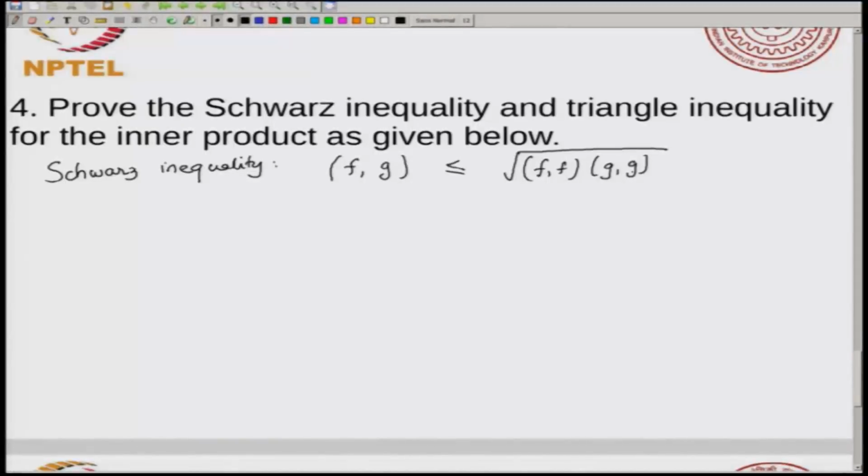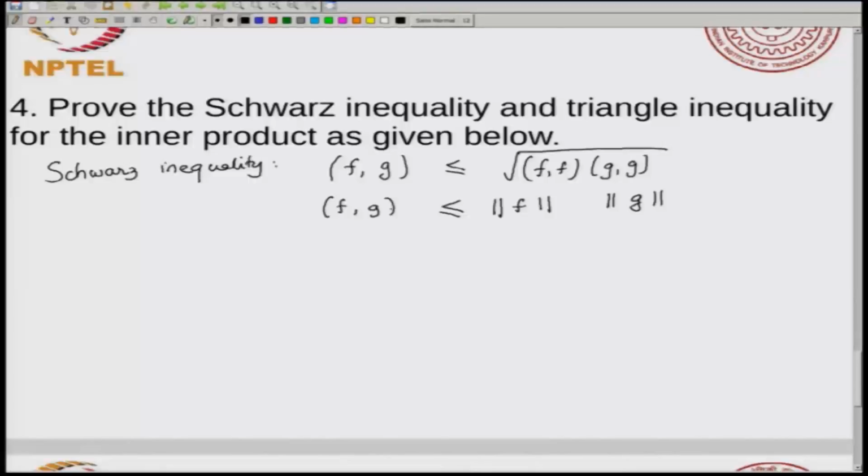Okay. So, a cross inner product is always less than the product of the individual inner products, the product of the norms. So in other words I can write this as less than or equal to norm f into norm g. Okay. So, this is the Schwarz inequality.